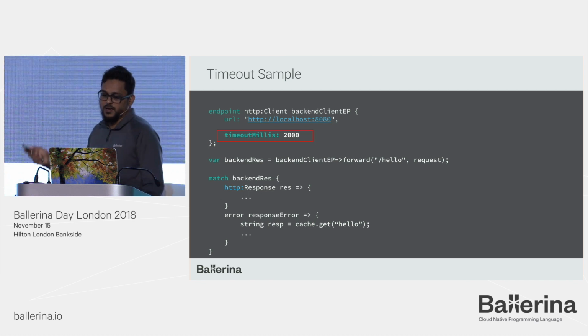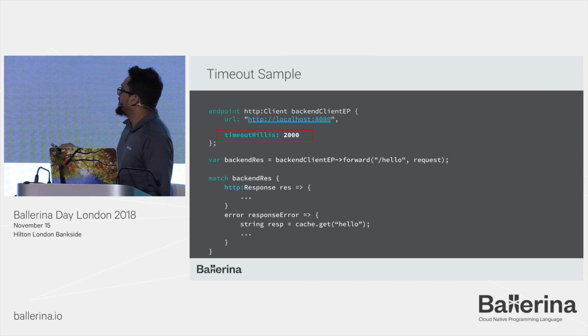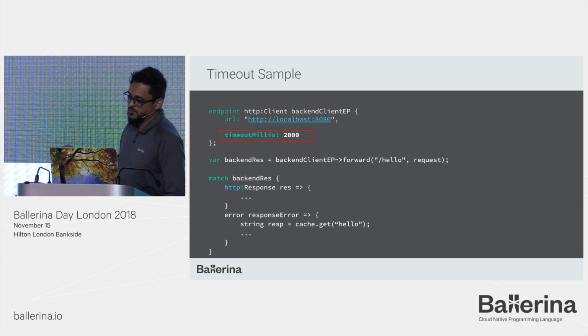So if that endpoint doesn't respond within 2 seconds, there will be an error. This is the call that's happening. We are creating the endpoint here, and then we are calling an action on it. We are forwarding the incoming request to this particular context. If this doesn't return within 2 seconds, there will be a timeout.